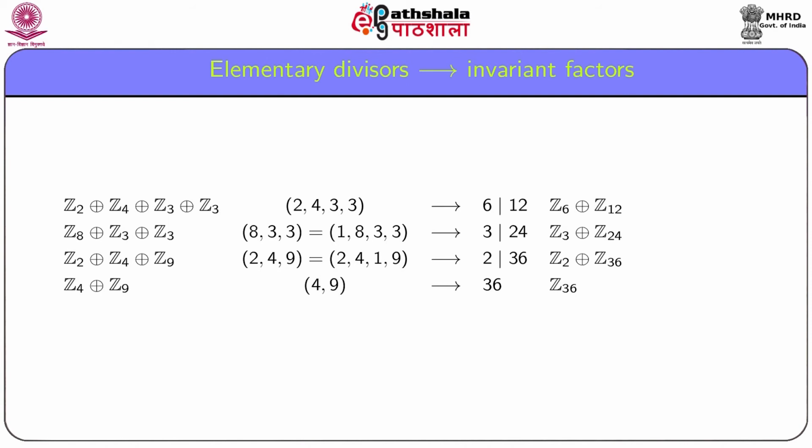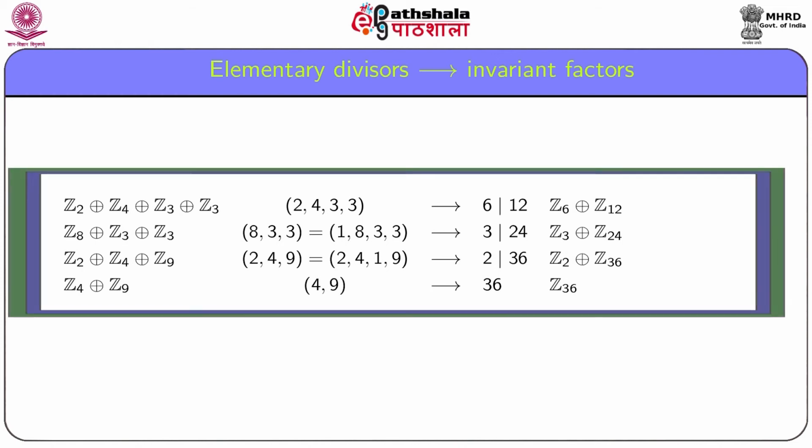Now I give some examples of how to find invariant factors of a given finite abelian group. Suppose we are given a finite abelian group Z2 plus Z4 plus Z3 plus Z3. Our problem is to rearrange the cyclic groups and combine them in such a way that the order of the first component divides the order of the second and so on. Note that here the 2-primary component is Z2 plus Z4, and the elementary divisors of G2 are 2, 4.